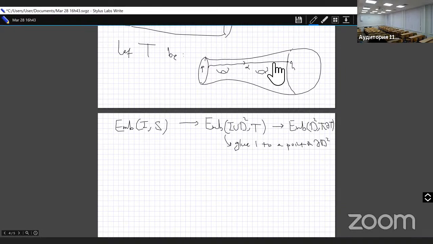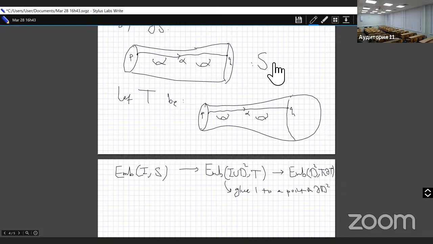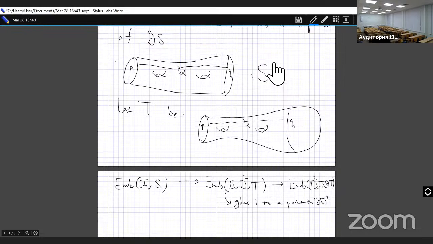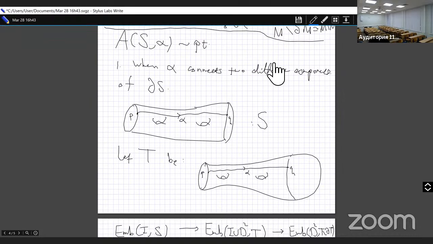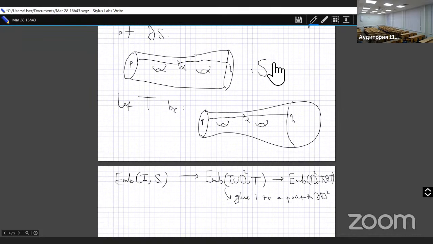T is the surface plus the disk? No, T is just the surface that we have. S is the main surface that we want to prove this for, and T is the surface with the disk glued along one of the boundary components.